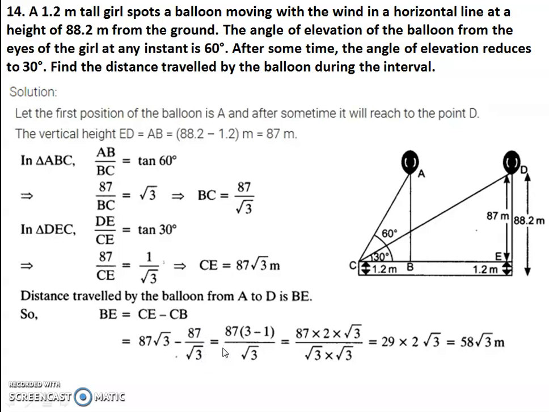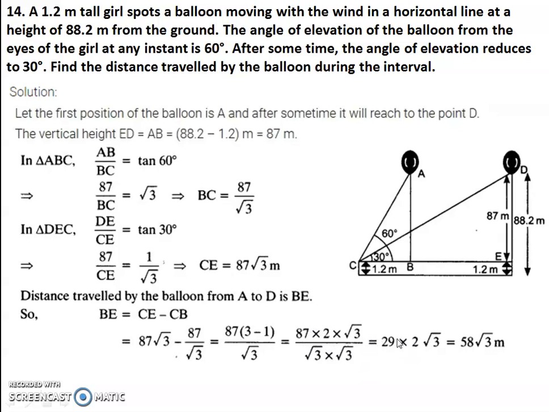Okay. So, here we got 87 into 3 minus 1 by root 3. What is 3 minus 1? 2. 87 into 2 by root 3. Why is this multiplication of root 3 there? To avoid radicals in the denominator. So, root 3 into root 3 is 3. 87 into 2, and 87 can be cancelled by 3.